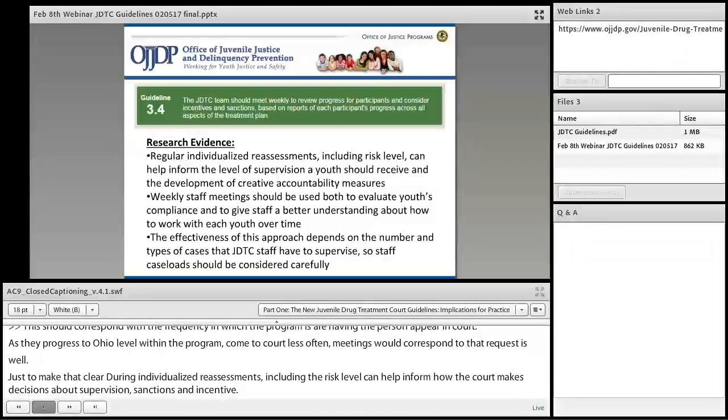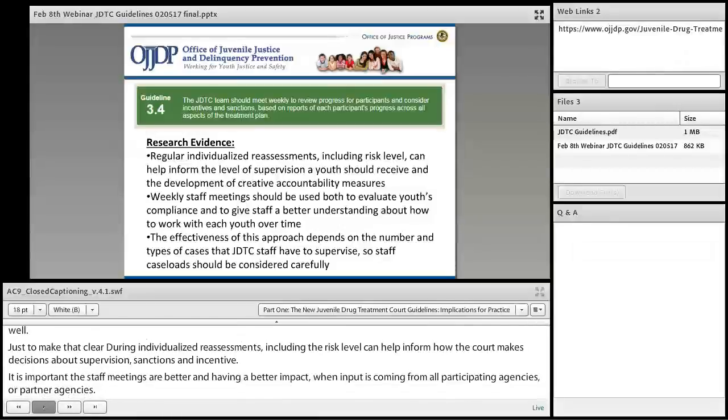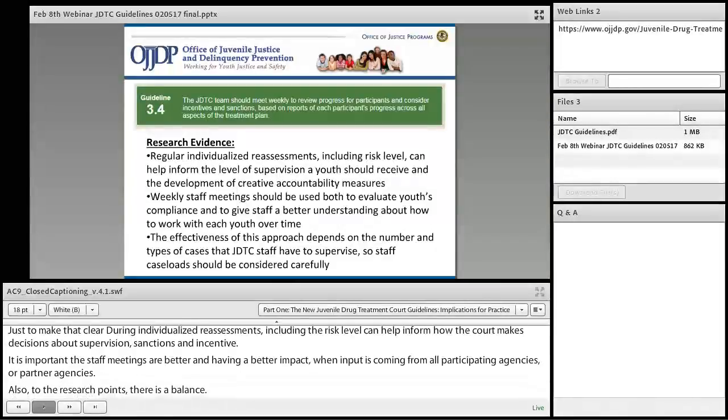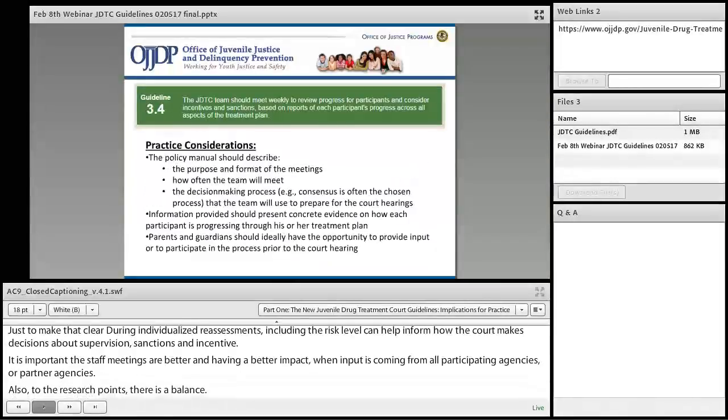Also, the research points to a balance, right? So you do need to take into account the number and types of cases that you can effectively serve with this process, and so thinking about caseloads in that regard.